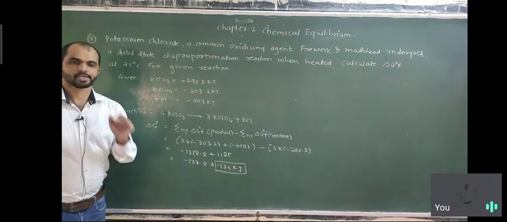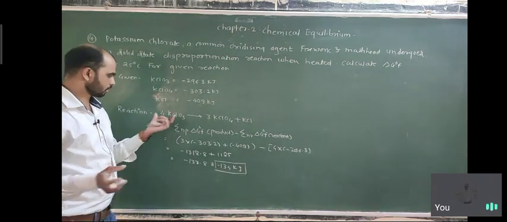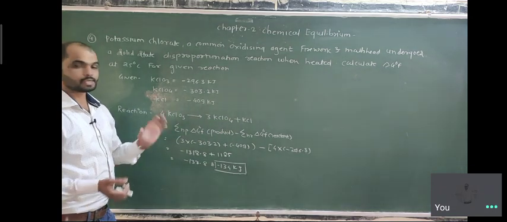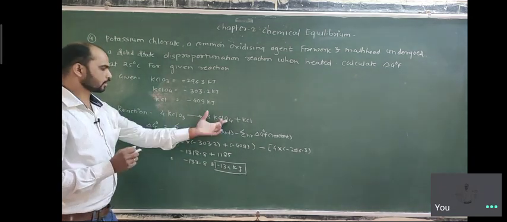So how do we calculate it? We have the two sides, reactant and product, and we already have the values of Gibbs free energy of formation for both sides.